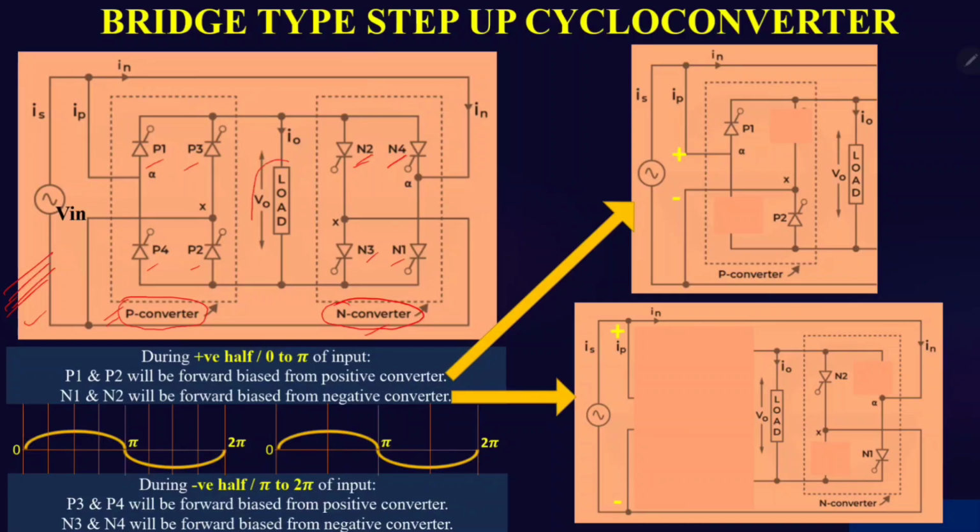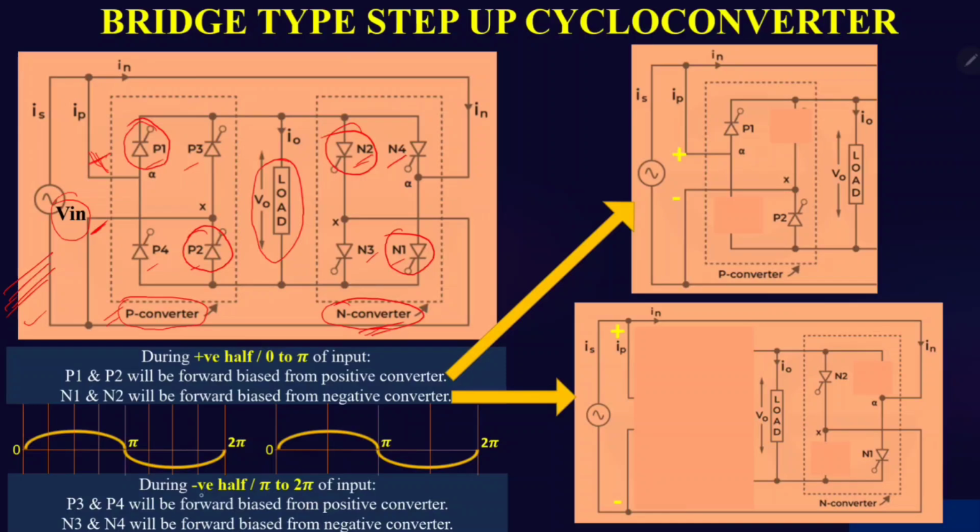Okay, and here there is one load connected. Based on that load we'll get the output, and here this is the input voltage, with the positive side and the negative side. So during the positive half cycle, or we can say 0 to pi of input, P1 and P2 will be forward biased from the positive converter, and N1 and N2 will be forward biased from the negative converter.